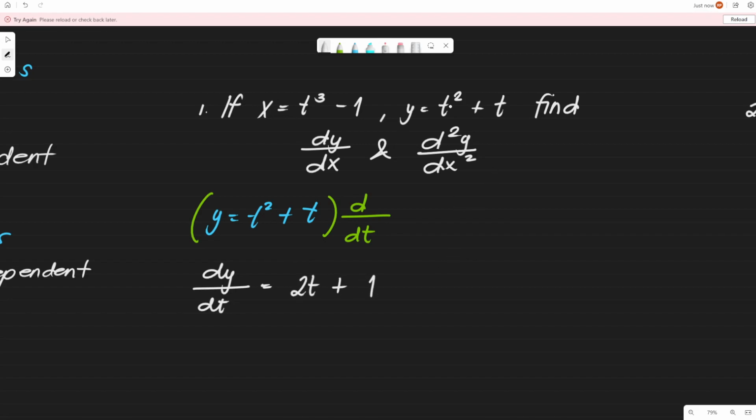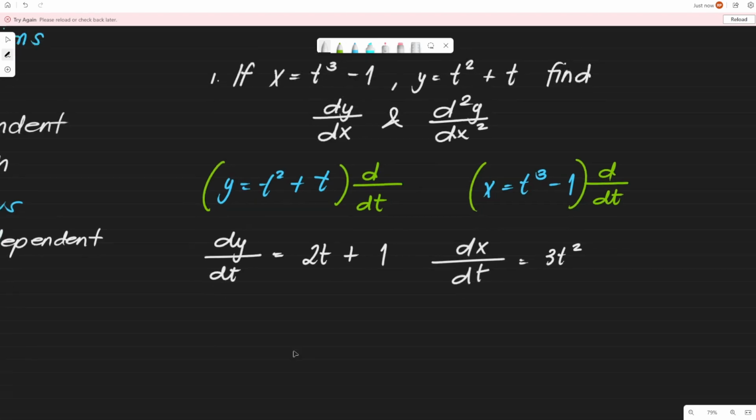Then for x, which is t cubed minus 1, just get the derivative: dx over dt is 3t squared minus 0. Zero is just zero, so we no longer need to write it.